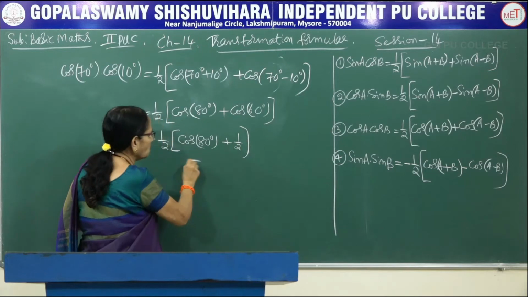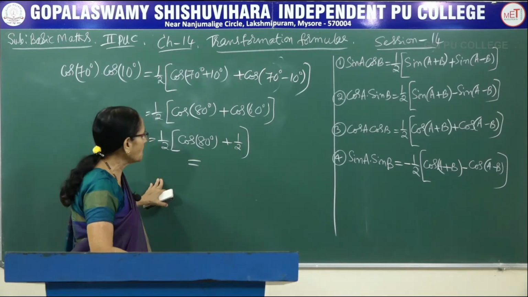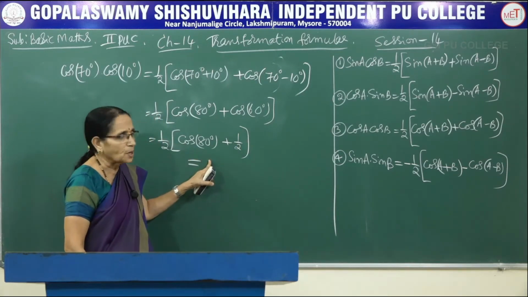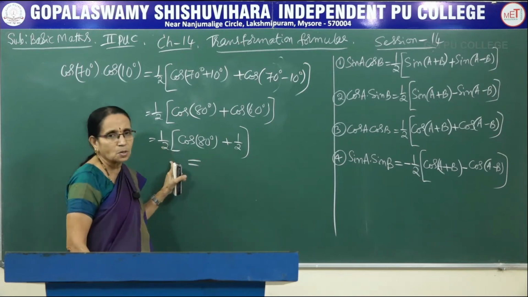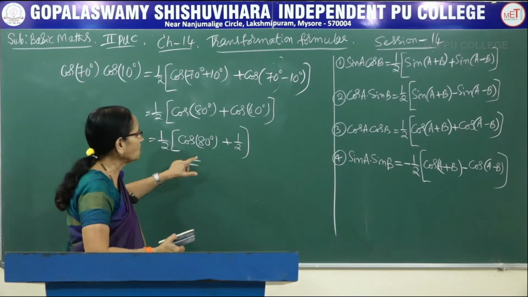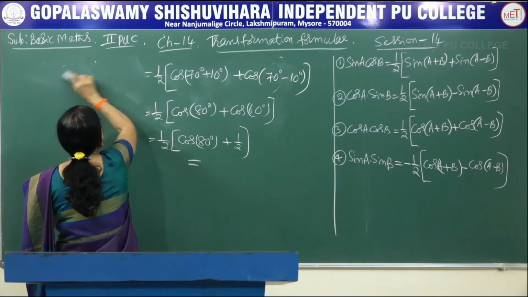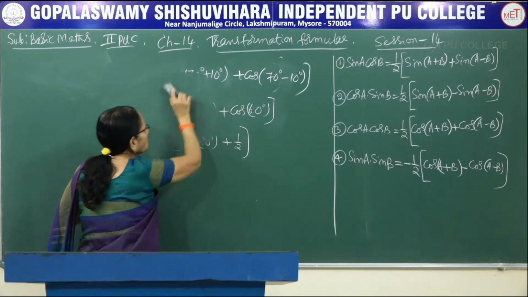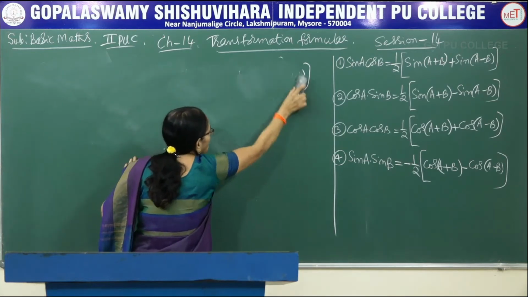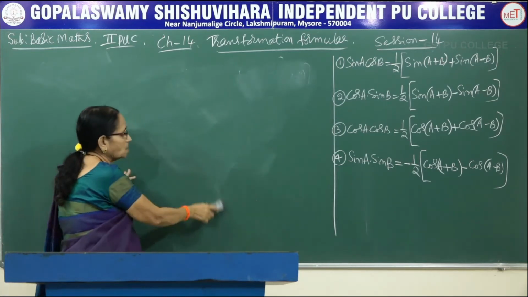It is 1 by 2. If you want, you can multiply by half and write the answer. Half of cos of 80 plus 1 by 2 into 1 by 2, that is 1 by 4. Or else even if you stop here, you get the mark for that one. So when it is purely a cosine product, it would be in terms of cos ratio, but it would be sum of the two cosine ratio.